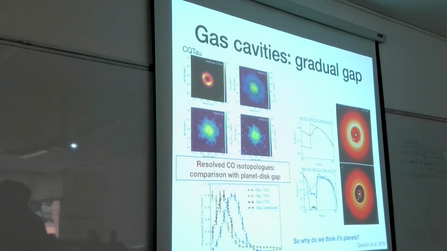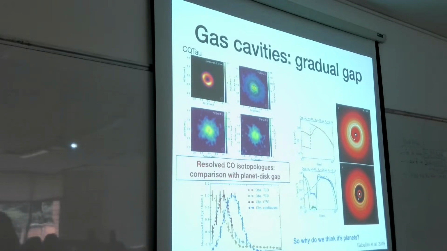Can you use a filter to get this CO, and if there's another element, like H or something like that, just look at it? The problem with hydrogen, H2, is that because it's a symmetric molecule, it doesn't have a dipole moment, and therefore it doesn't have molecular transitions in the millimeter, like rotational transitions.